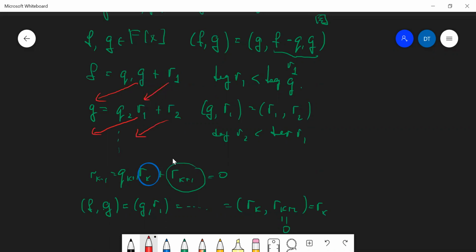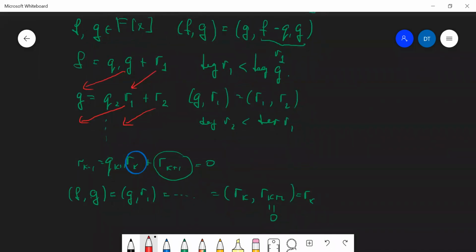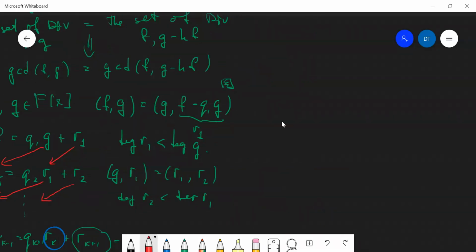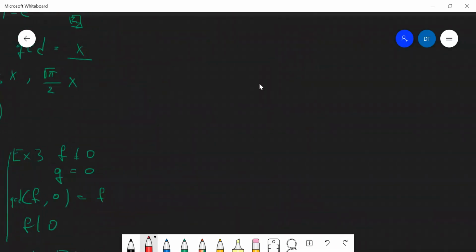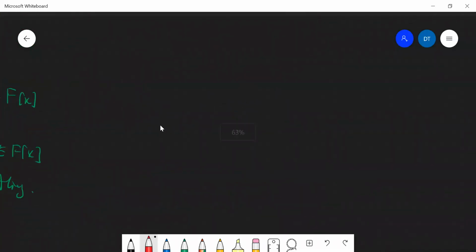And at each step we repeat this procedure. Okay, are there any questions regarding this algorithm? Okay, so the algorithm is exactly the same as the one for the integer numbers. So it's probably a very familiar one.